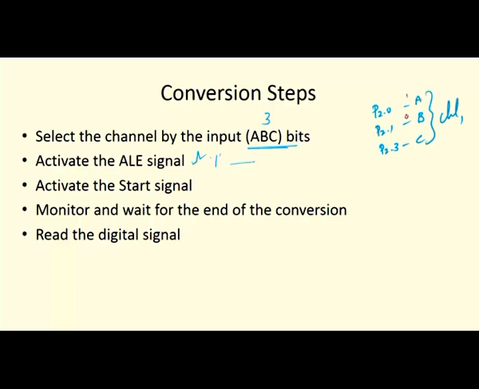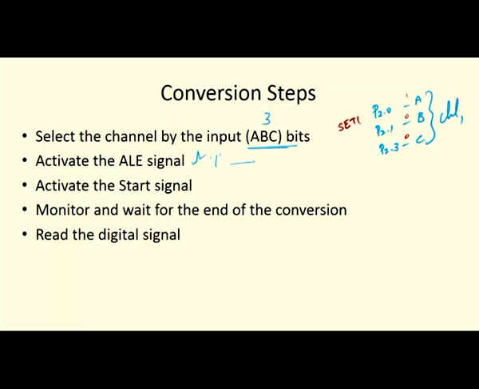Channel 1 means A should be 1, B 0, C 0, right. So, this will be activated by simple bit-addressable instructions. You can give it as set bit P 2.0, then clear bit P 2.1 and clear bit P 2.3. By using these instructions, now you are activating channel 1, which is IN 1.